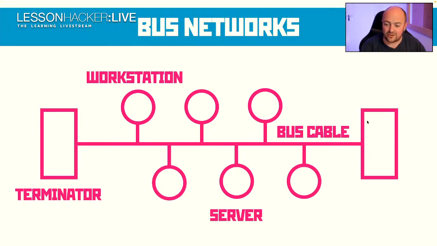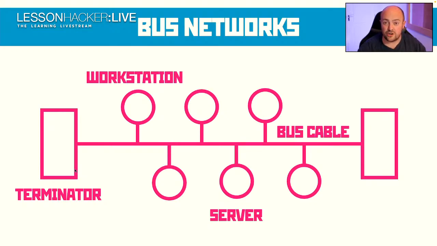On the edges, you've got these two things called terminators. And what they do is if data gets to one side of them, they send them back the other direction. So data's going both ways on this cable. So you do have the opportunity for data to have a collision and to corrupt on that bus cable.